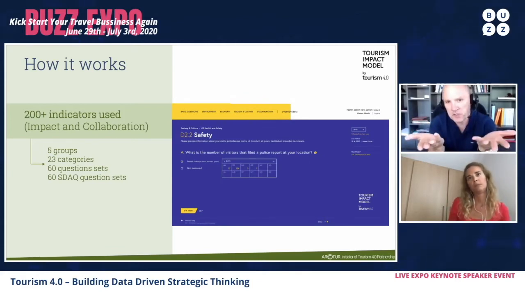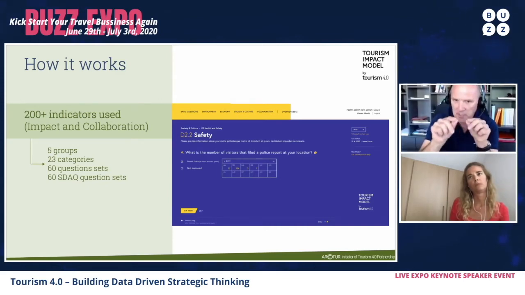For example, this is again the situation now: what is the number of visitors that visited? This is an impact of tourism on safety, for example. And here you have to enter data sets, and all this data can be found at the police station.